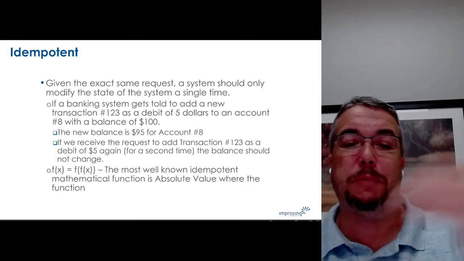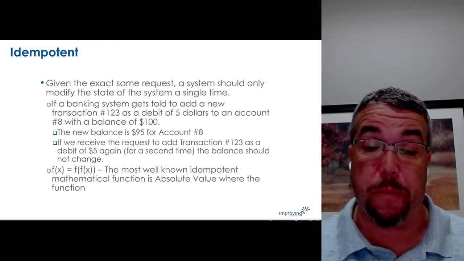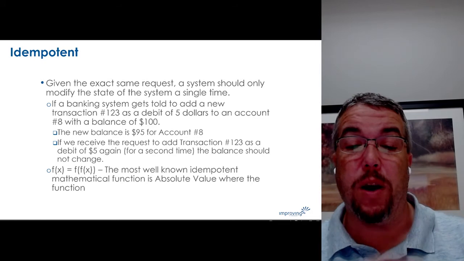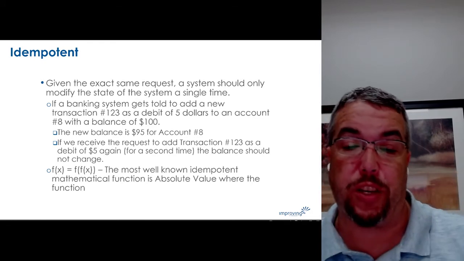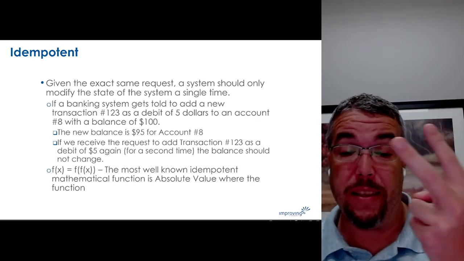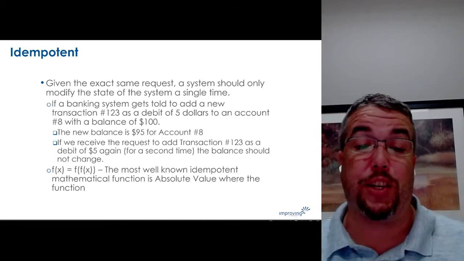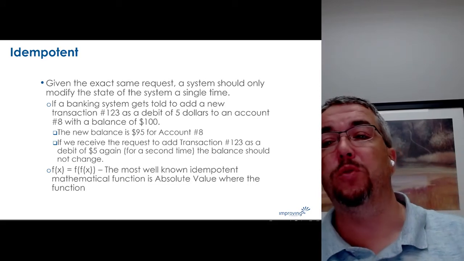If you take the absolute value of -2, the absolute value of -2 is 2. Well, if you then say, what is the absolute value of the absolute value of -2? The answer still remains 2. Essentially, calling that function multiple times doesn't change the answer. And that's what we want to be true in our system here.